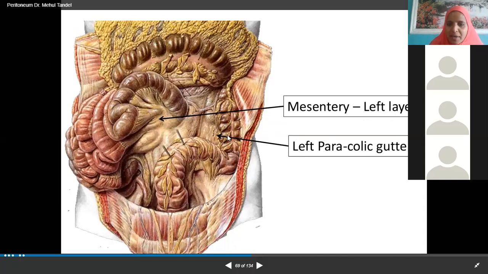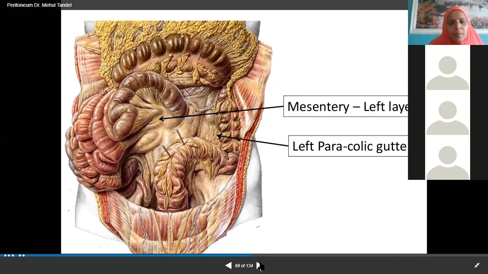Towards the right side we have the right paracolic gutter, and towards the left side the left paracolic gutter. This whole thing is the mesentery, which you have lifted. This becomes the attached margin along the posterior abdominal wall. This is all fat, and this is the free margin, which moves across the coils of small intestine, that is, the jejunum and ileum.